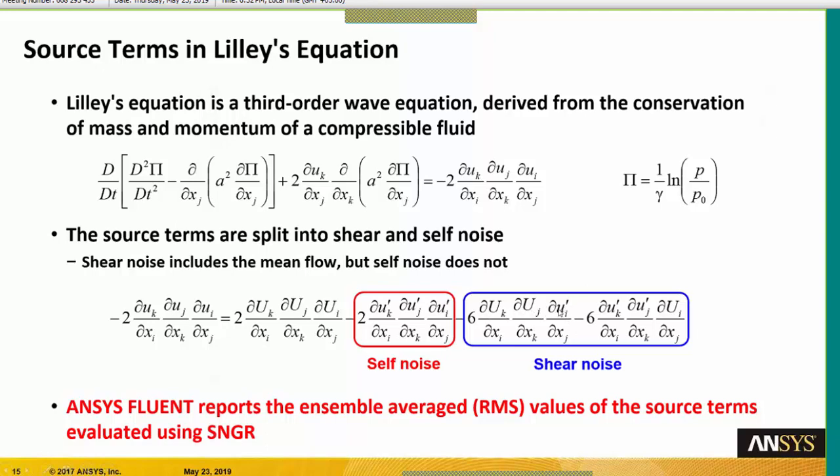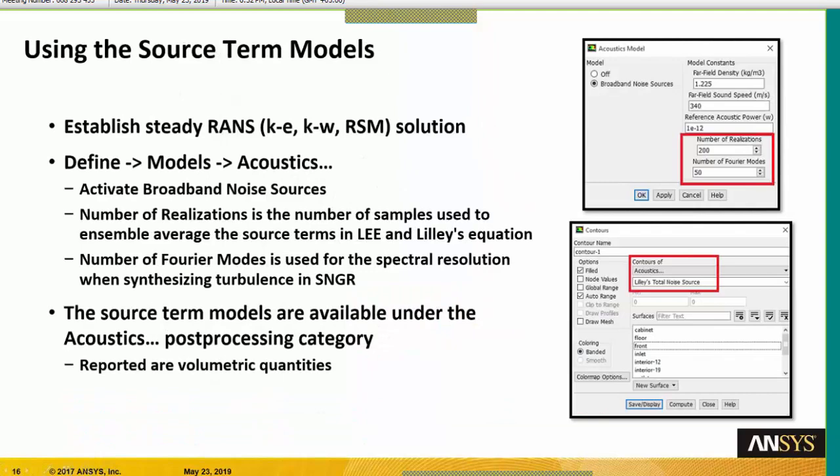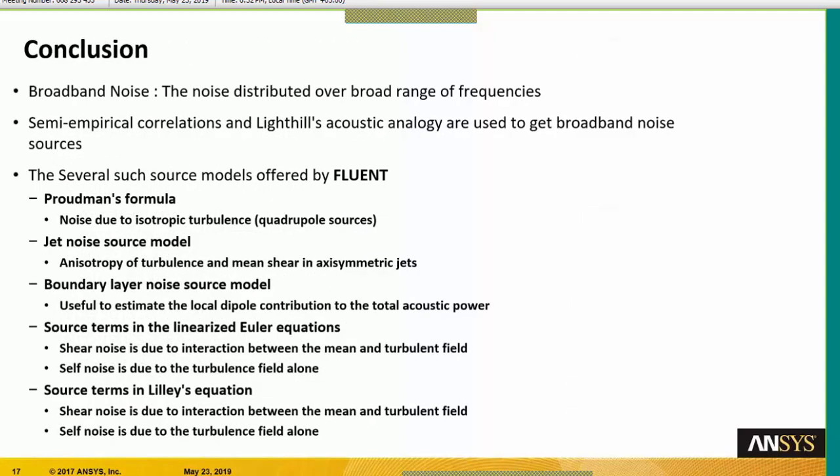They are mixed, they are combined, and that is typically a shear noise. So, remember I was talking about the number of realizations defined here, and the number of Fourier modes for each realization defined here. They will be available, for example, on a contour of acoustic power. You can select the tonal noise source for Lilley's equations, for example. It will be available directly in the GUI.